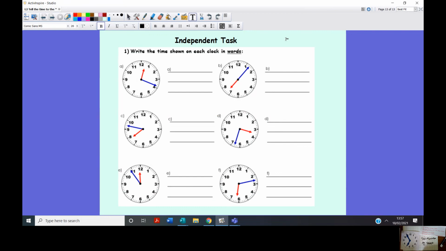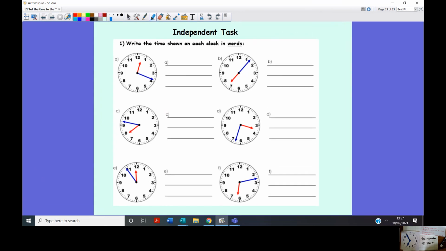So you've got your independent task here. You just need to look at the clocks and write the time shown on each clock in words. So remember your magic halfway line of your clock. Once you go past half past, it's to.